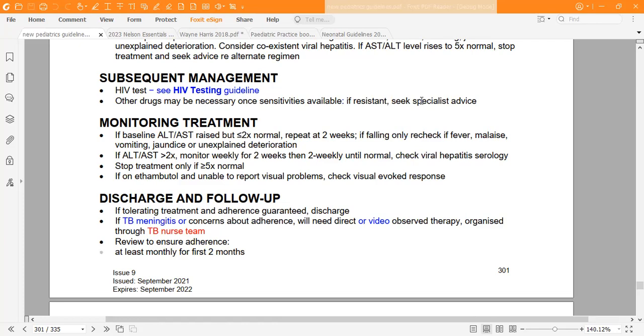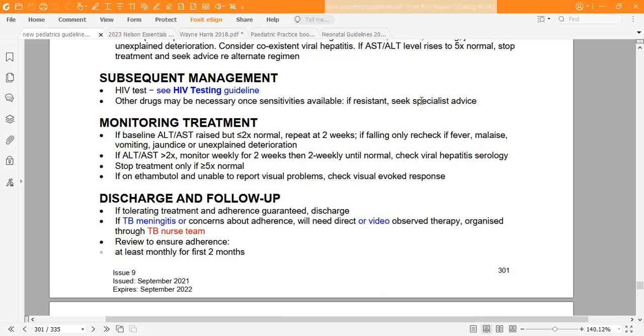If ALT and AST are more than 2-fold normal, monitor weekly for 2 weeks, then 2 weekly until normal. Check viral hepatitis serology.